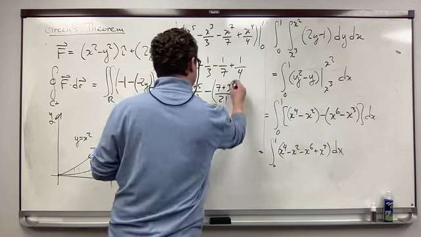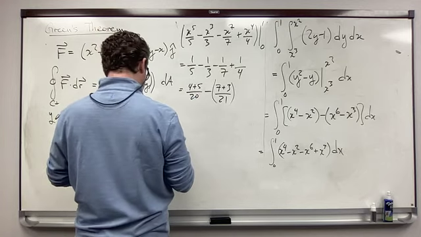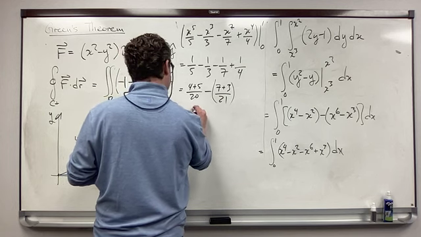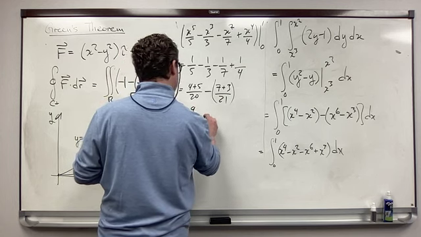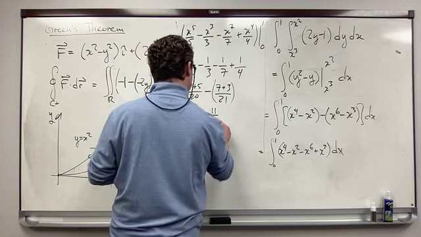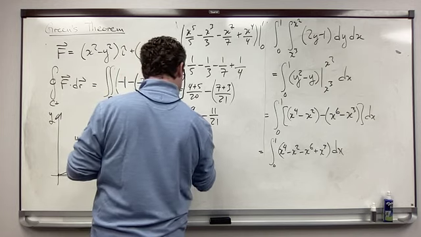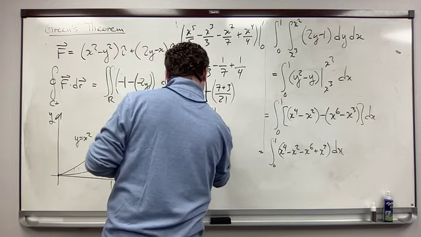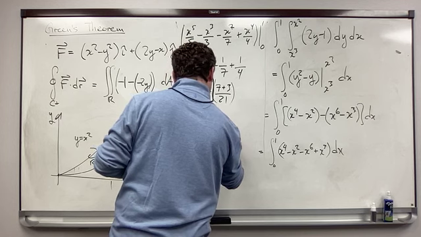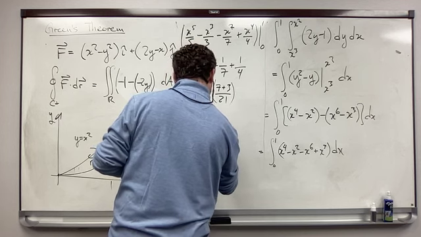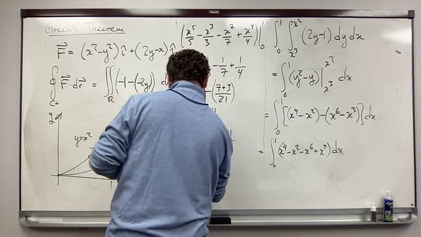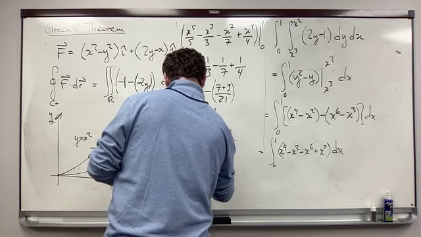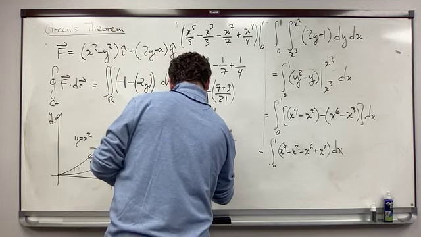So this would become 9 over 20 minus 11 over 21. So this thing becomes 9 times 21 minus 20 times 11 divided by 20 times 21, and that equals minus 11 over 420.